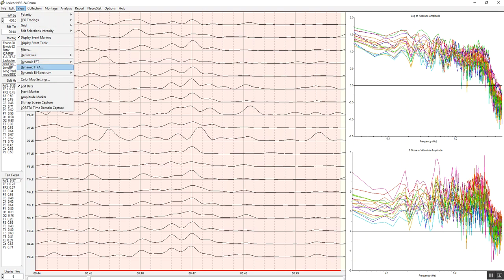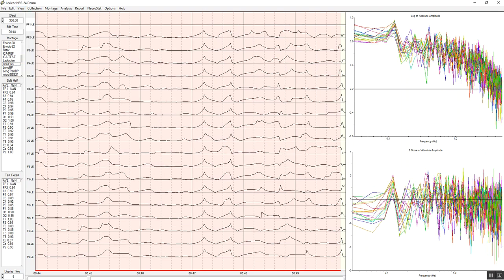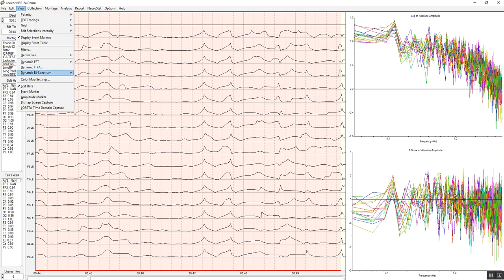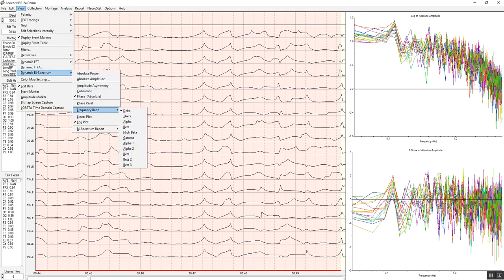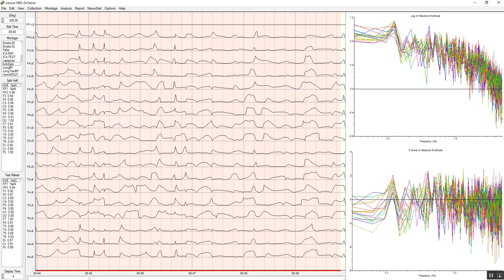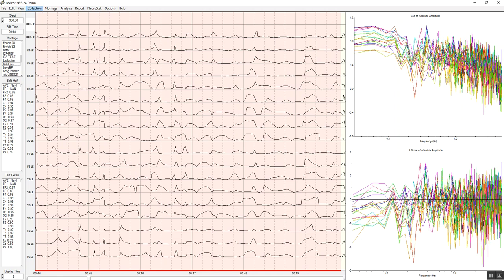You can look at different ones. You can look at absolute phase. You can look at different frequencies. There's the theta. This is bursting activity, okay? And then we do the cross spectrum. We do the joint-time frequency analysis of the spectra itself, or the bursting activity of the envelope, and that's how you get the bispectrum.